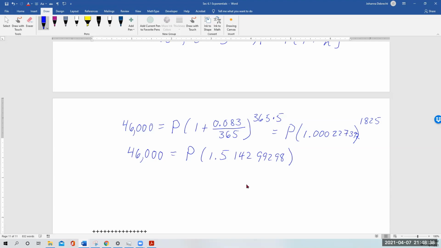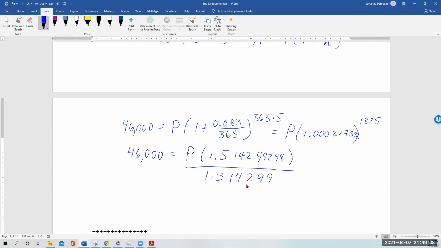Now that you have all that written down, we need to solve for P by dividing by that number. There is a way in your calculator to turn that number upside down. It usually looks like X to the -1 or 1 over X on your calculator. It's often found above the X squared button or near to it. If I want to take that number upside down, I could do it by raising it to the -1 power, or I can divide both sides by this number.